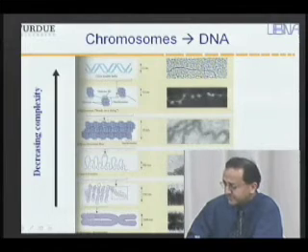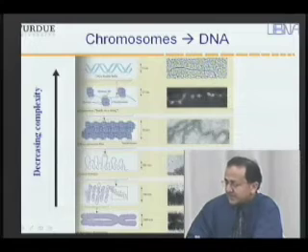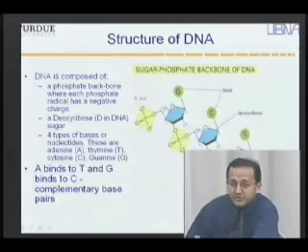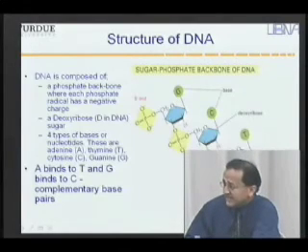So let's talk about DNA a little bit more. DNA is composed of a sugar phosphate backbone. This backbone of the DNA molecule has a phosphate group which has a net negative charge on each phosphate, so you have this PO4 minus group.